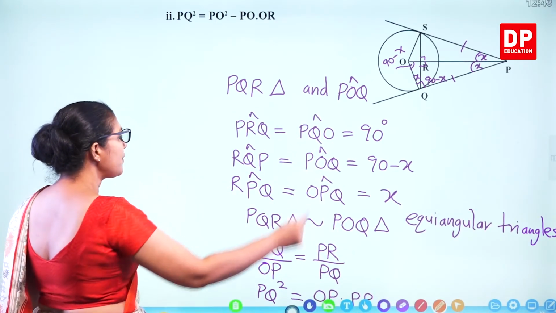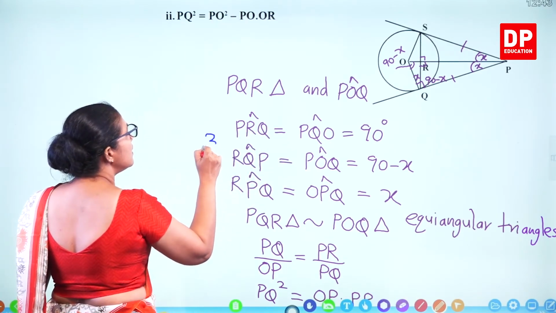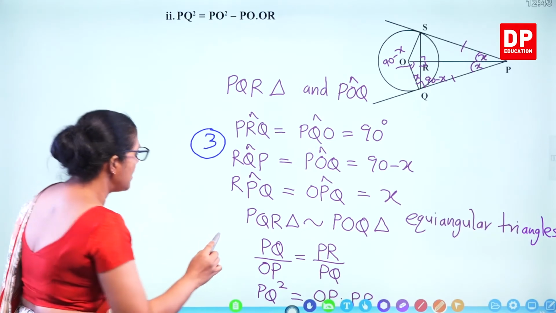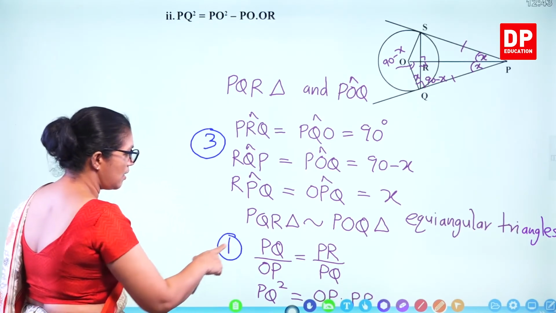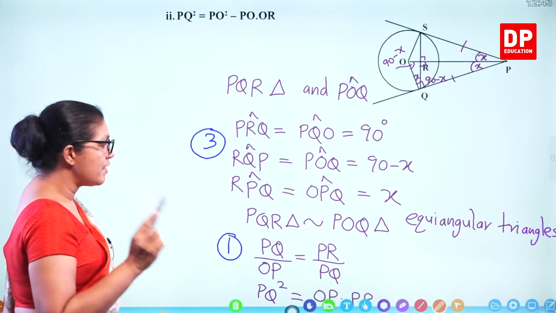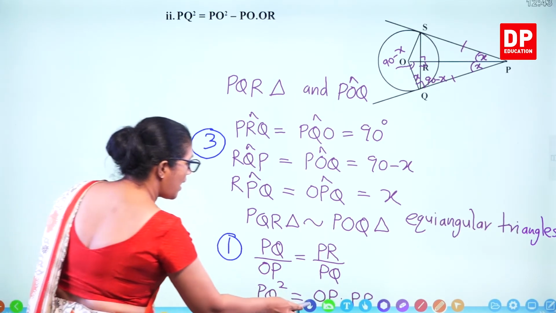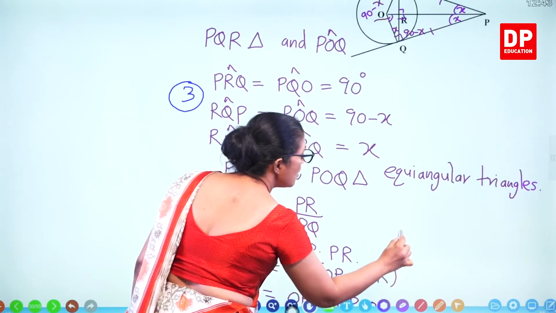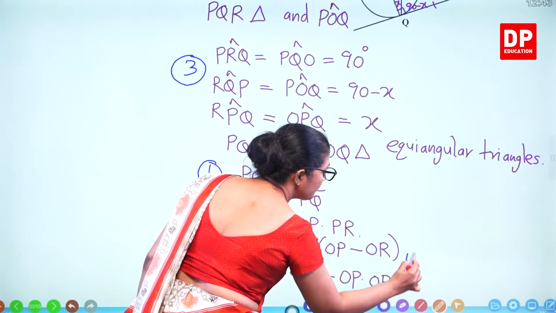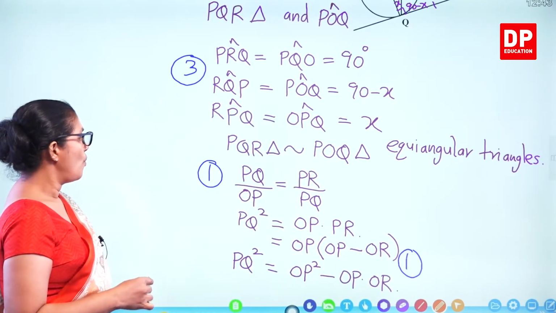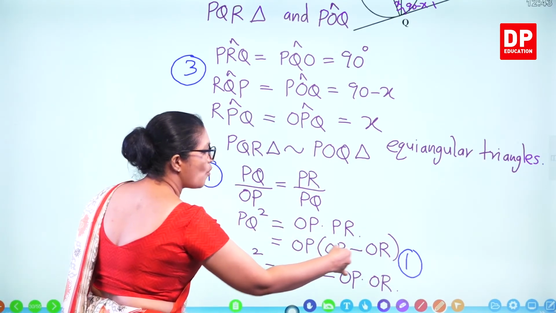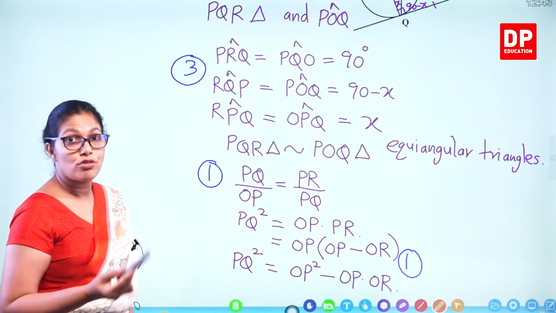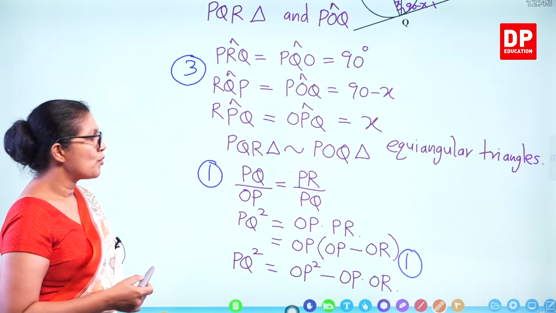Showing that these are equiangular triangles, 3 marks, and 1 mark for taking the corresponding ratio, and 1 mark for showing this proof by subtracting, PR is OP minus OR. So that's altogether 5 marks, and altogether 10 marks for the whole question.